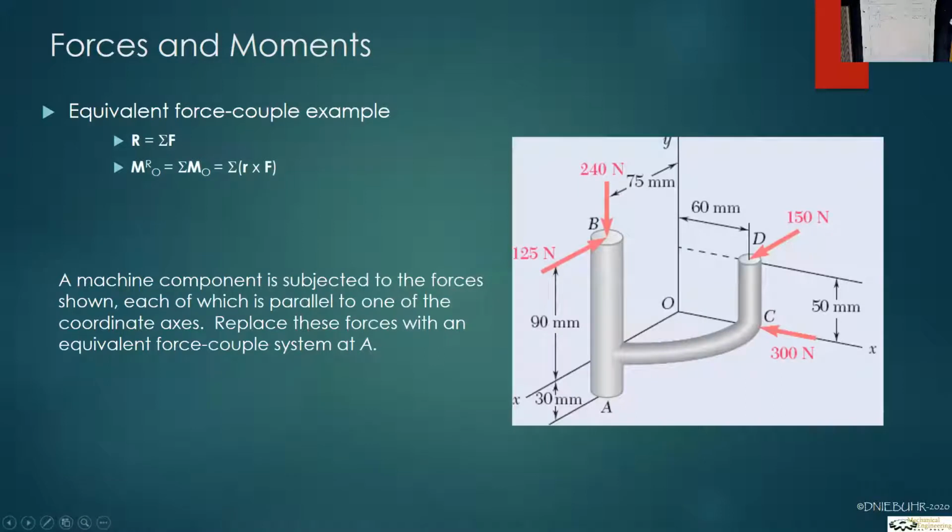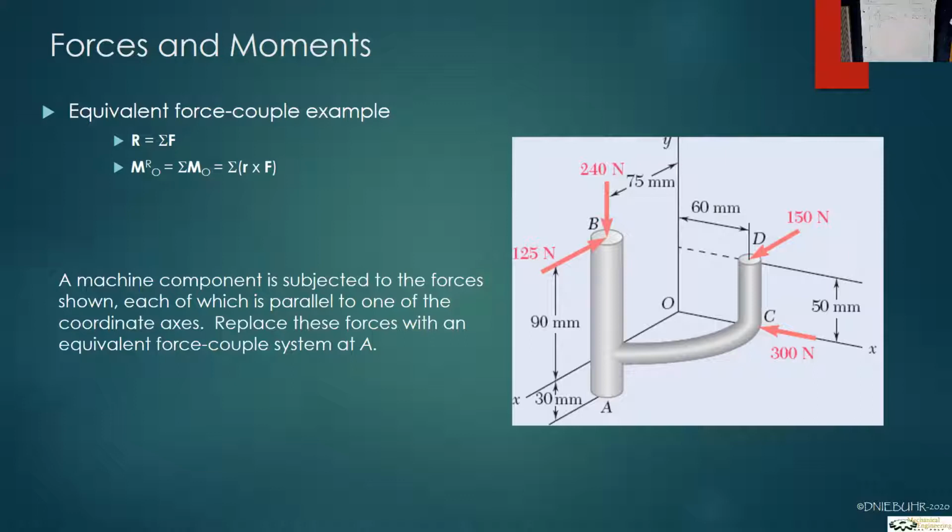So let's do a relatively straightforward example. In this case, we have some machine component. It has forces acting on it in different directions. Now, with this type of problem, in some cases you can literally do force times distance and add them together.